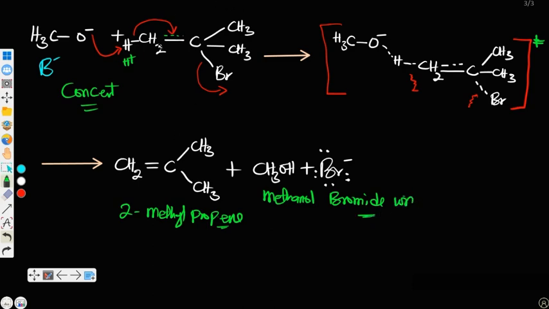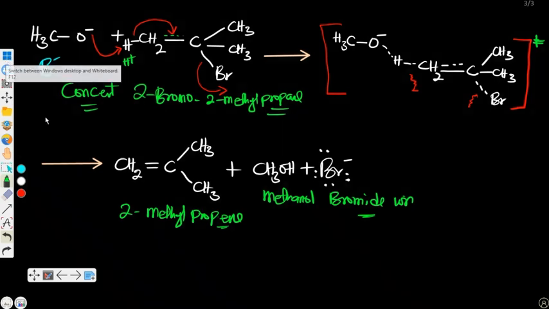And of course, what reacted here initially, we are going to call 2-bromo-2-methyl propane. That is what was here, 2-bromo. If you write it out, 2-methyl propane. All right, so that is the mechanism of reaction for this particular reaction.